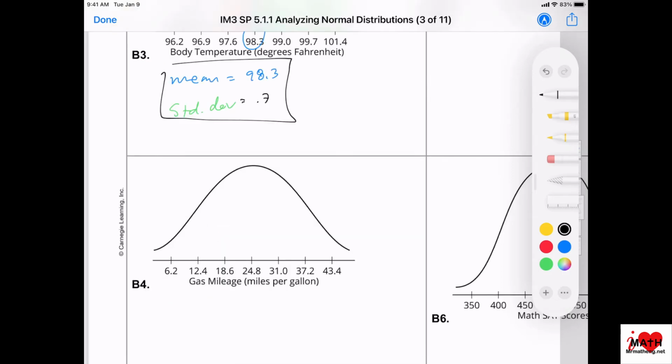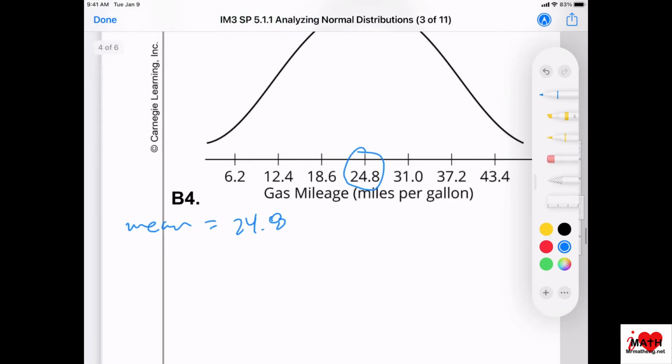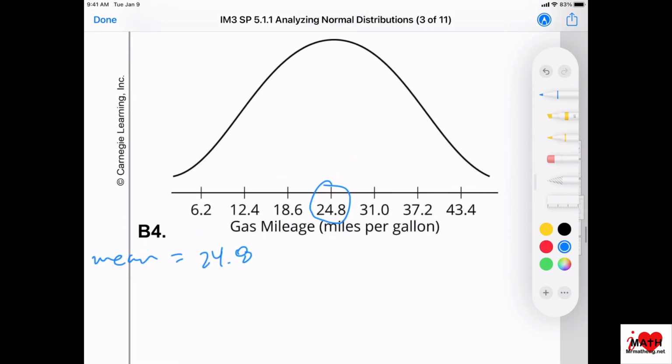B4 here, guys, we're looking at this normal curve, and in a normal curve, a measure of center is called the mean. So look at the middle, or center, and 24.8 is our mean. Okay? And next, I need to find something called the standard deviation.